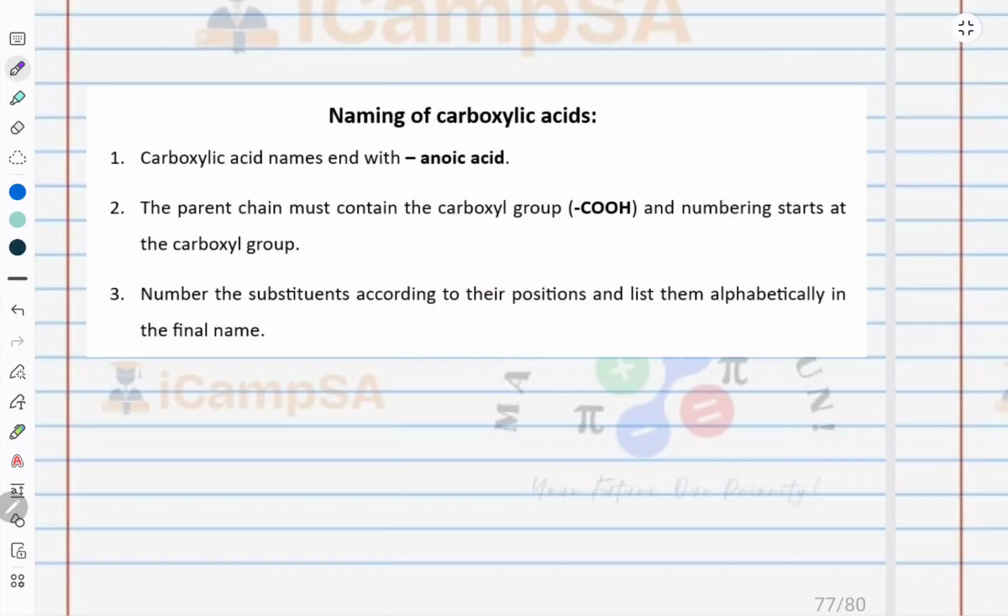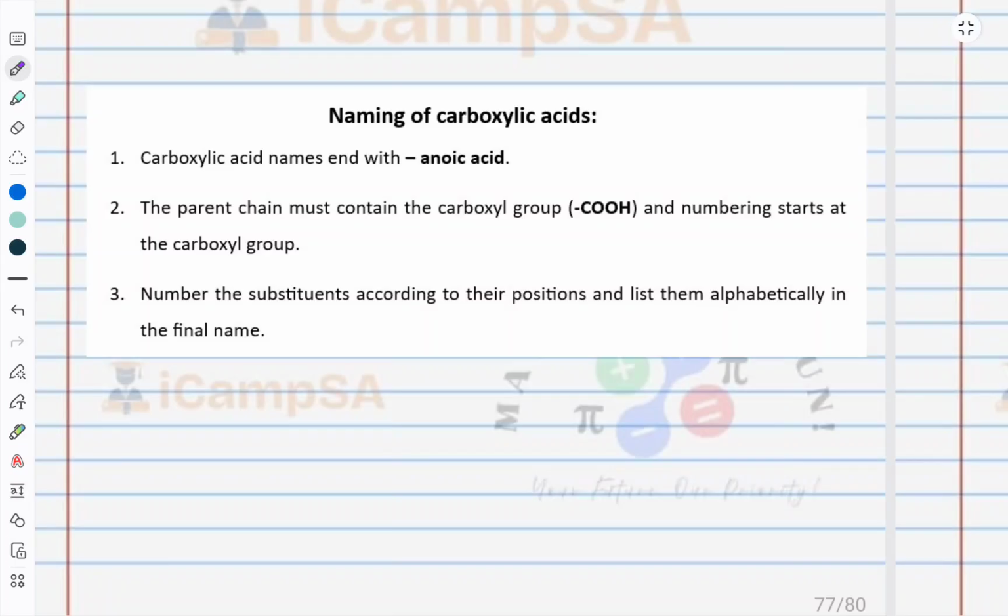All right, so these are the rules that we use when we're naming carboxylic acids. As you can see, there aren't many rules to talk about here, because if you've noticed, these rules carry over to the other organic compounds as well. Rules that we used when we were naming alkanes are found in alkenes, alkynes, haloalkanes, alcohols, and now carboxylic acids. And one of those rules happens to be finding the longest chain that contains the functional group, right?